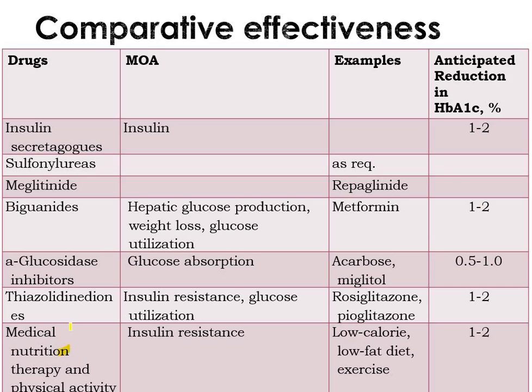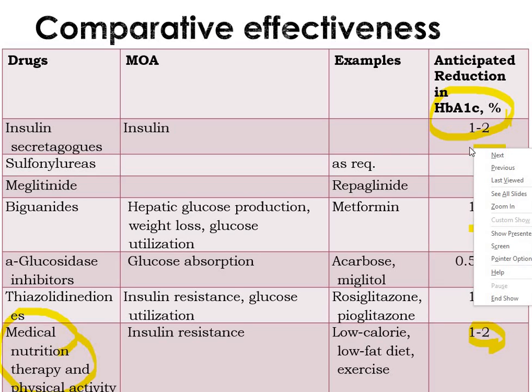Nowadays people are working very much on this, but I have put this slide here just for your understanding. Remember the anticipated reduction in HbA1c: the percent reduction in HbA1c shows that medical nutrition is as effective as sulfonylureas and biguanides.